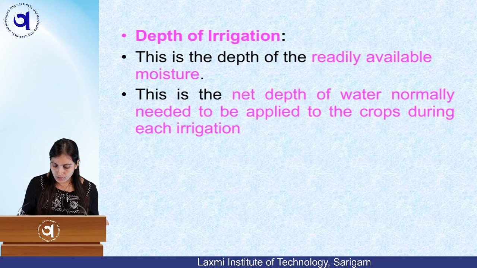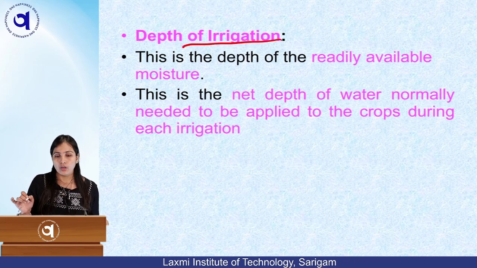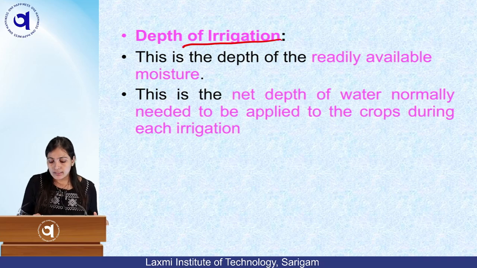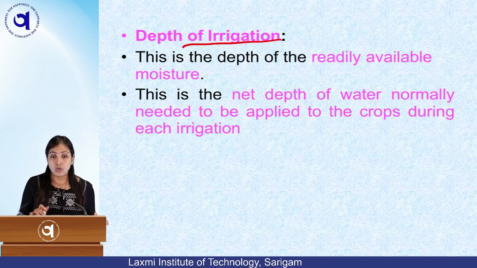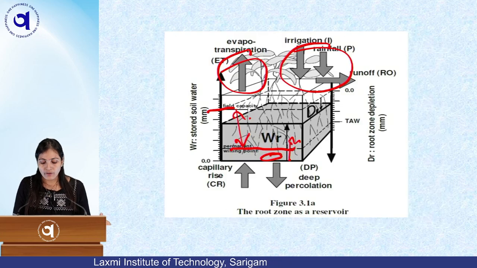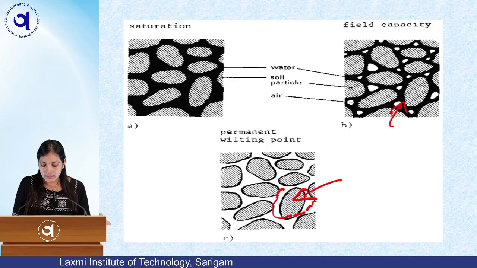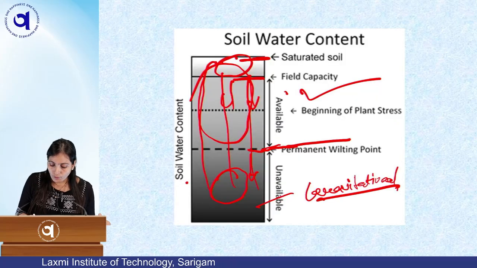Now, this is the depth of irrigation. Depth of irrigation is also very important. This is the depth of readily available moisture. You must have seen over here the available water.